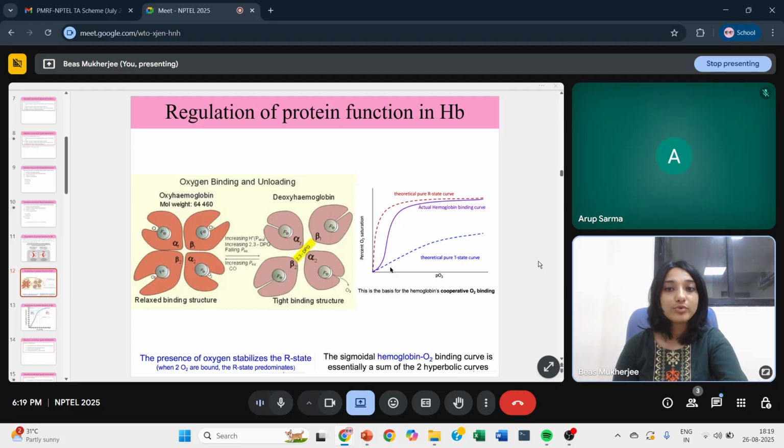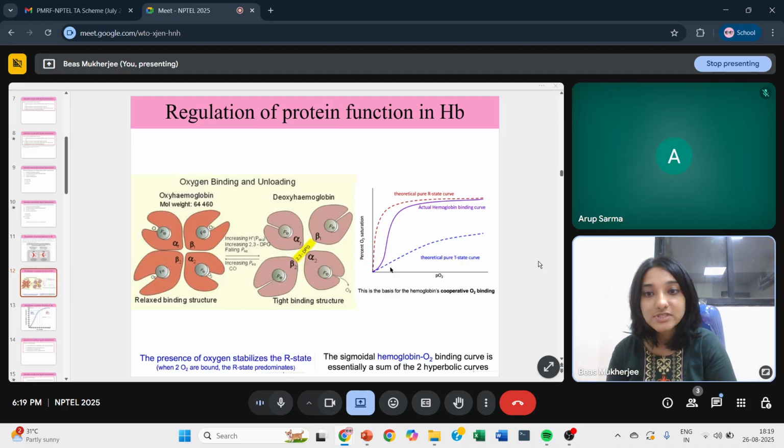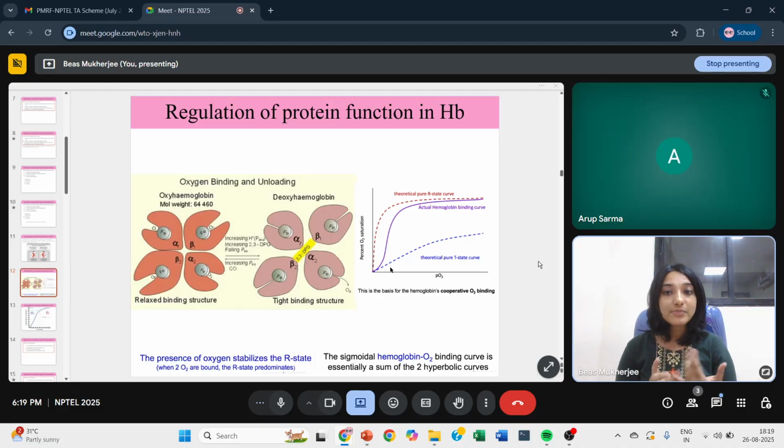In oxyhemoglobin, as the pH increases and the partial pressure of carbon dioxide also increases, there is an increase in 2,3-DPG, bisphosphoglycerate, or diphosphoglycerate, which is an important allosteric regulator.